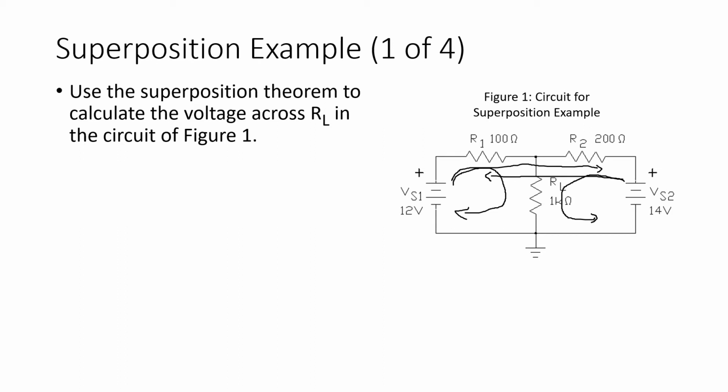Because we've got two currents flowing through RL, we've got two currents flowing through R1, and potentially two currents flowing through R2. We really don't know the direction of current ultimately through R1 and R2, so this circuit cannot be reduced using our traditional circuit analysis reduction steps.